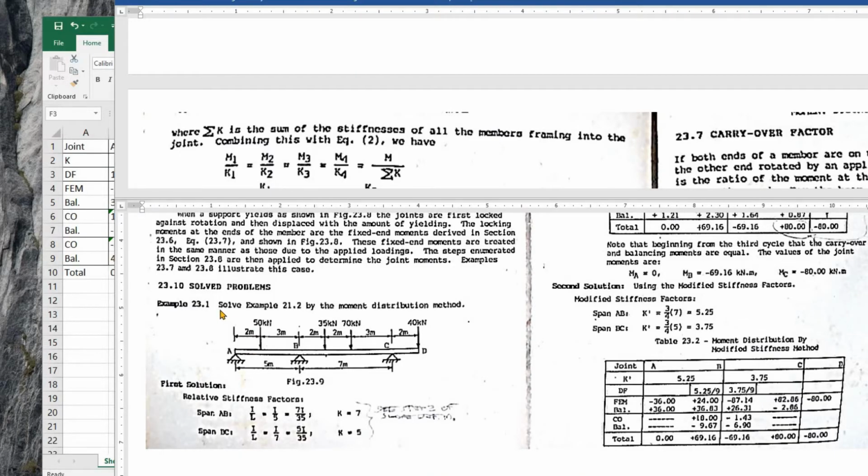For the second solution of example 23.1, ang gagamitin mo lang dito ay modified stiffness factors. So, hindi na siya relative. Now, let's look at the meaning of modified stiffness factors dito sa taas.